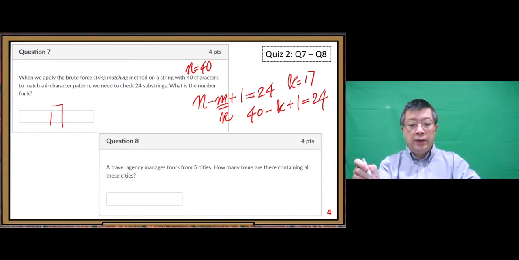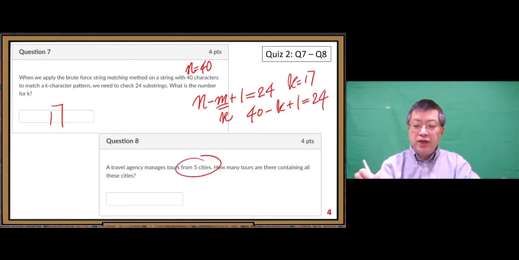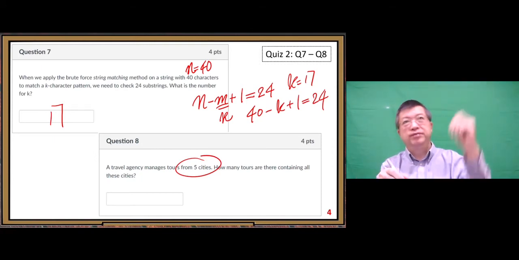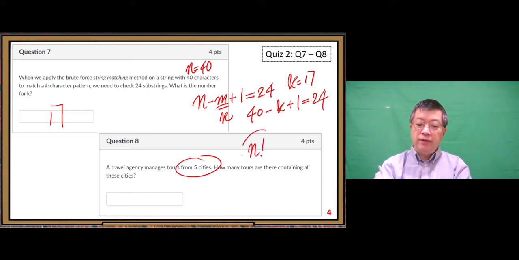All right. Number 8. A travel agency tours 5 cities. How many tours are containing all of these cities? Our brute force, the traveling salesman problem, and n factorial. Remember the answer there, n factorial.